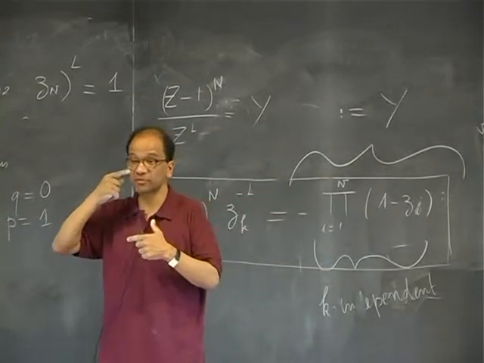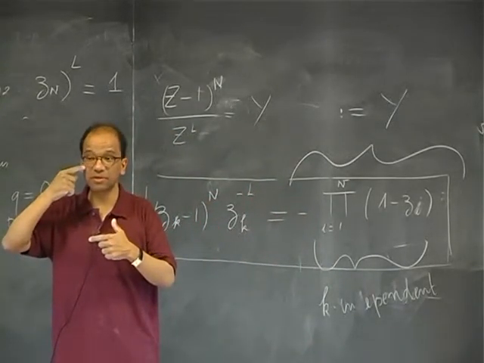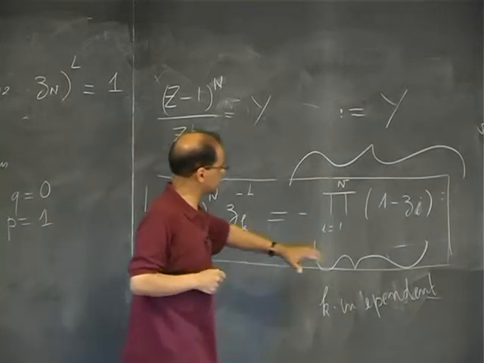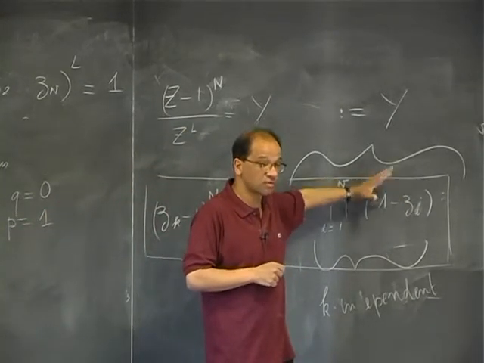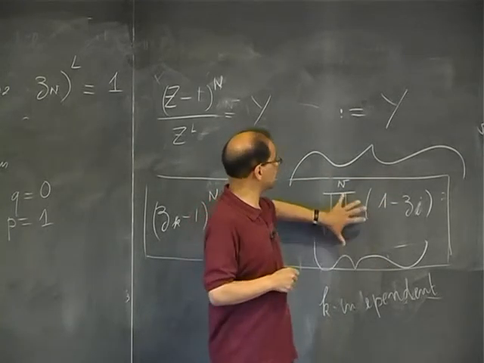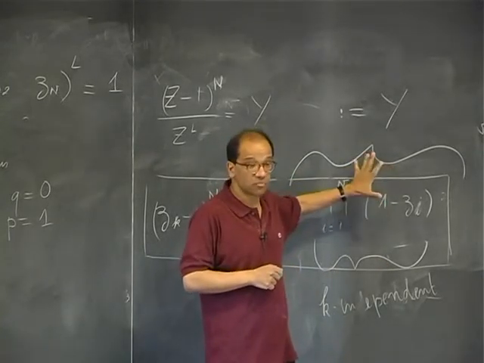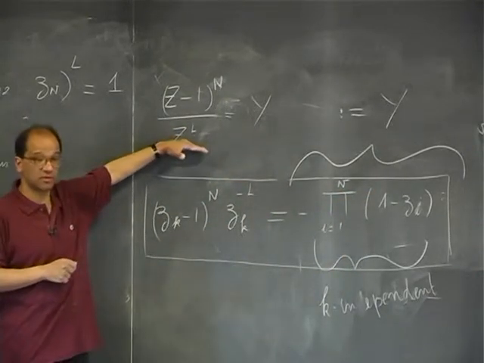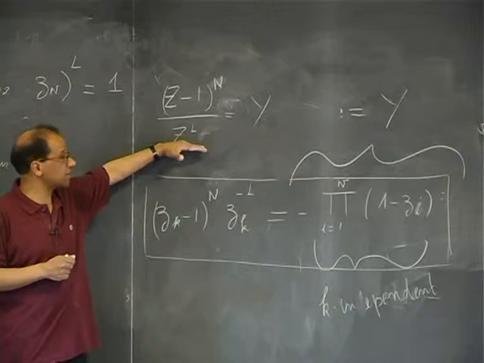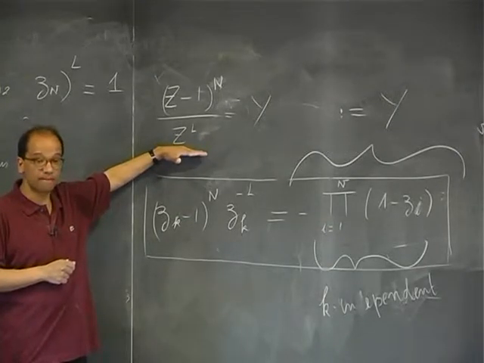Do you follow me with that? No? Not really? The key point is that this right-hand side does not depend on i. It's the same for all these. Okay? So I can give it a name, y, and say that I solve just a quite simple polynomial equation.